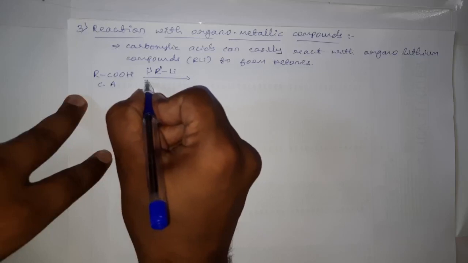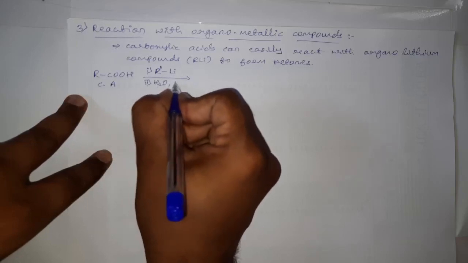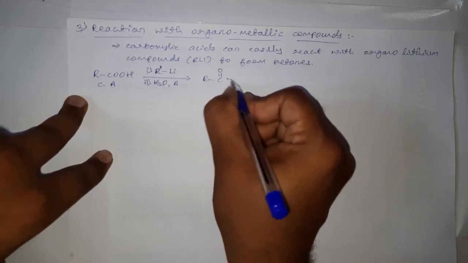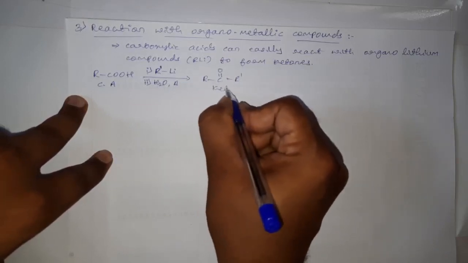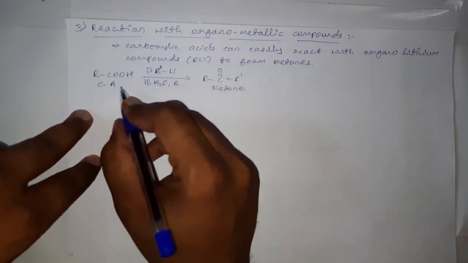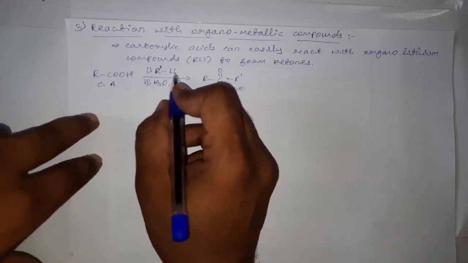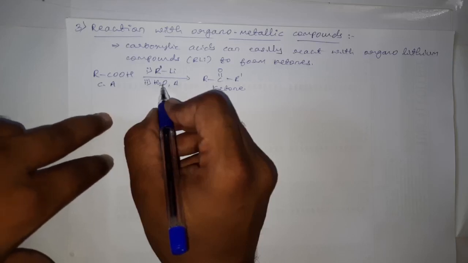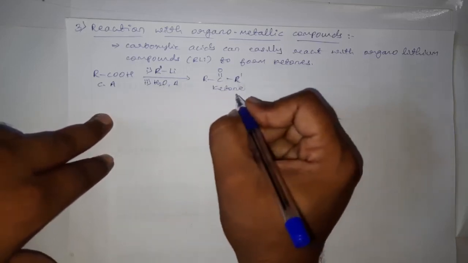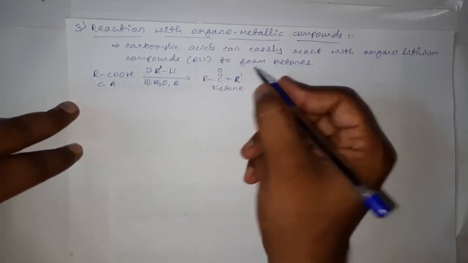And when it is hydrolyzed with heating, we will get RC double bond O R dash. This is a ketone. Correct? When carboxylic acids are treated with organolithium compounds, followed by hydrolysis and heating, we will get ketones of this type, RC double bond O R dash.